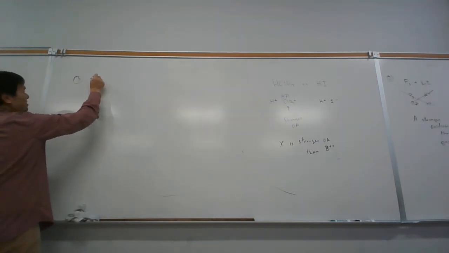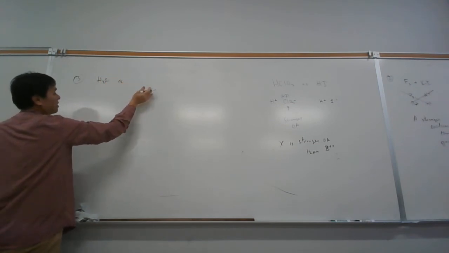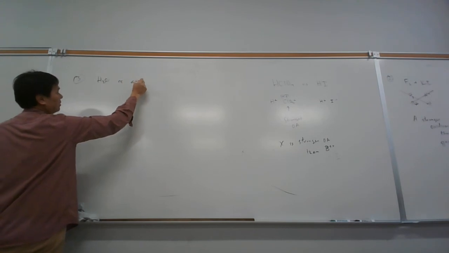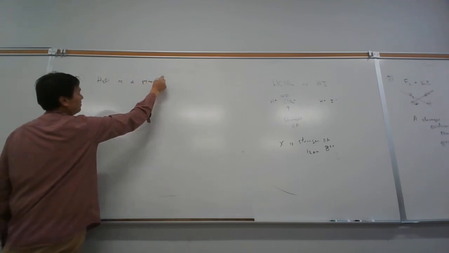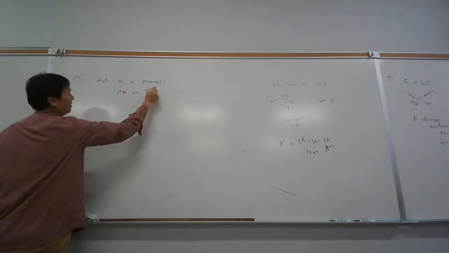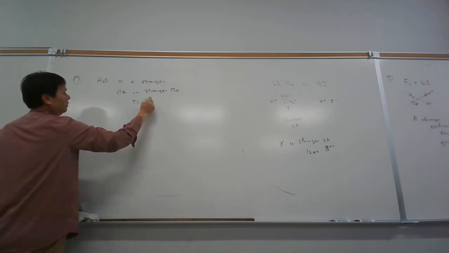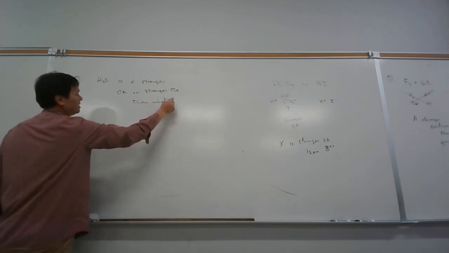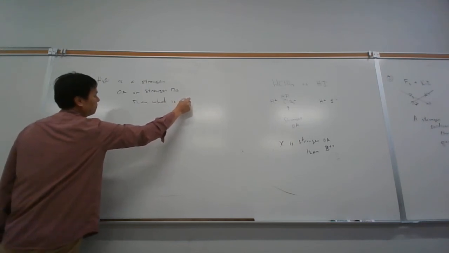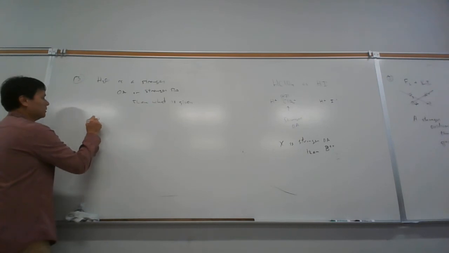The third exception is when water is a stronger oxidizer or a stronger reducer than what's given. Than what is given. So, in order to prevent people from making a mistake here, normally what's given is this.